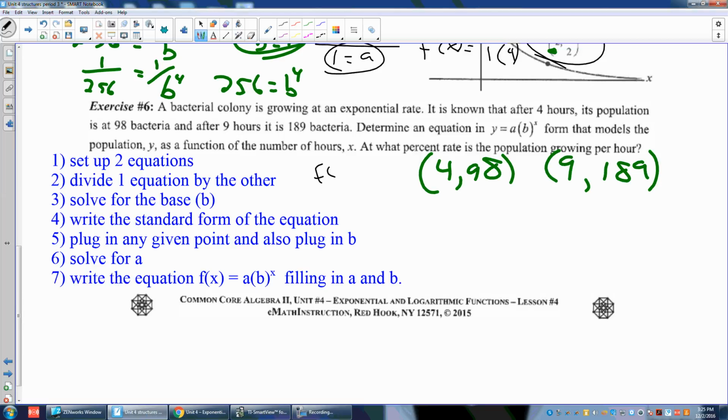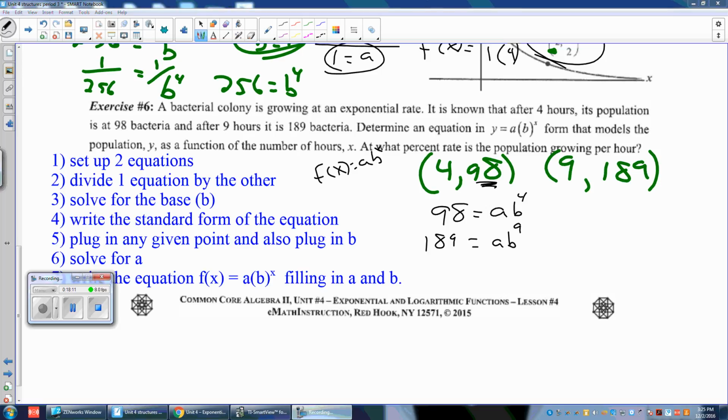Remember our equation is f of x equals a b to the x. So 98, f of x is the same as y, equals a b to the 4th. And 189 equals a b to the 9th.